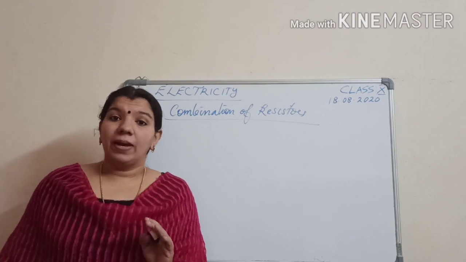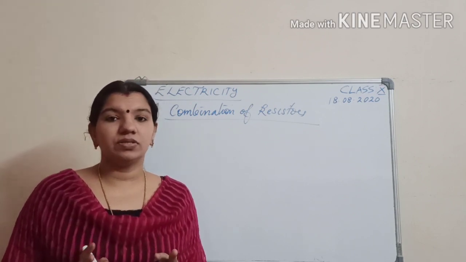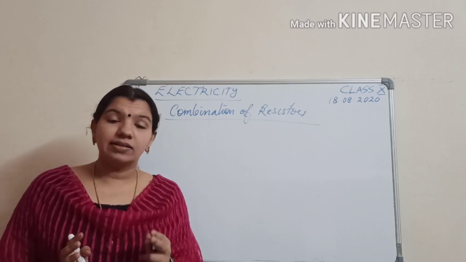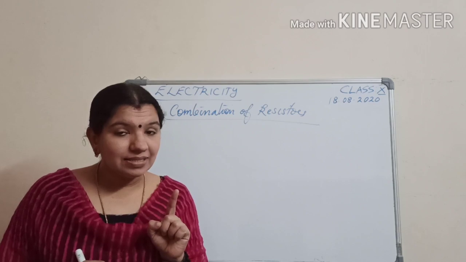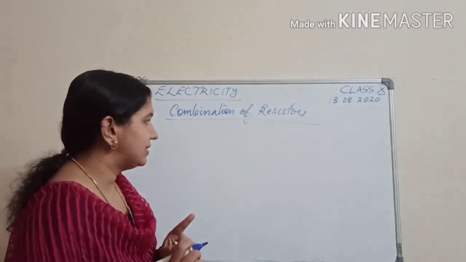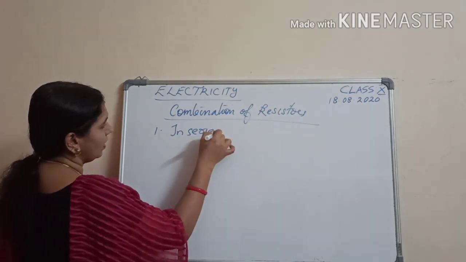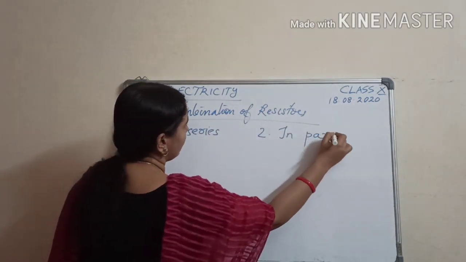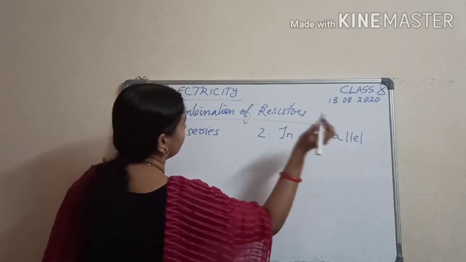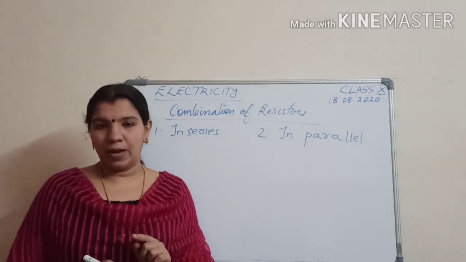So, the main two ways with which we can connect the resistors are, first one is resistances in series, and second is resistance in parallel.